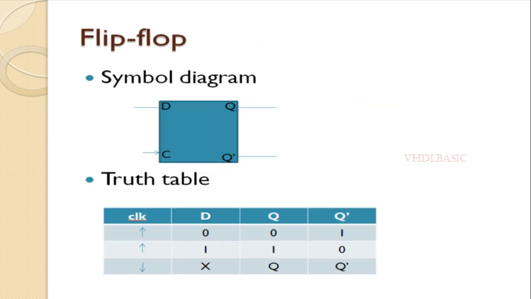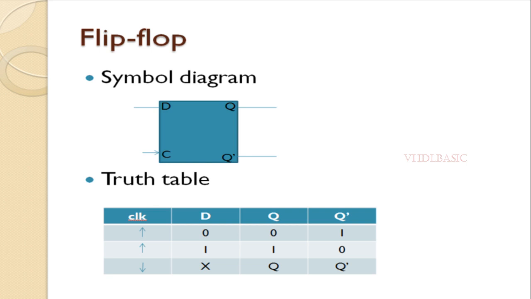This is the simple diagram of flip-flop. Data and clock are the inputs here, and outputs are Q and Q bar. If you see the truth table, whenever the clock is at a rising edge, at that time, if D is 0, then Q also will become 0.